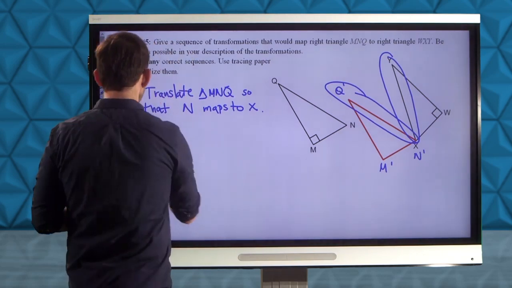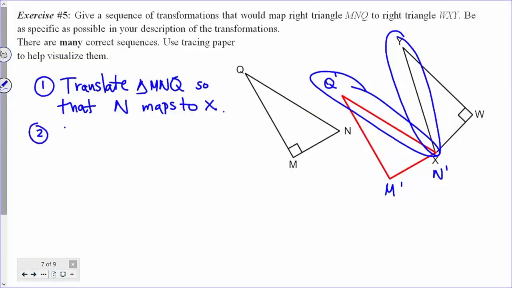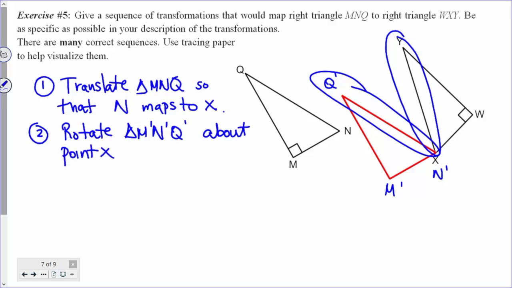Now, what I'm going to do, therefore, is rotate triangle M prime, N prime, Q prime about point X by an angle of Q prime XY.